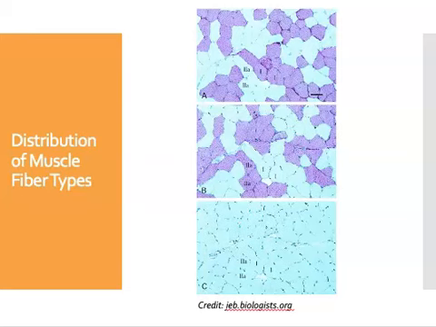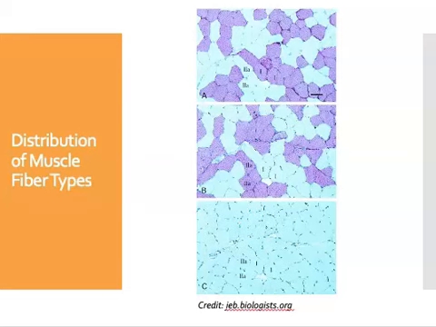Individual people have a different distribution of the three muscle fiber types that we've discussed: the slow oxidative or type 1 fibers, the fast oxidative or type 2A fibers, and the fast glycolytic or type 2B fibers.